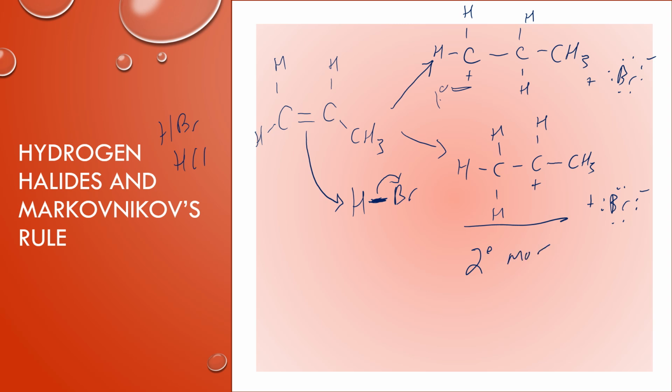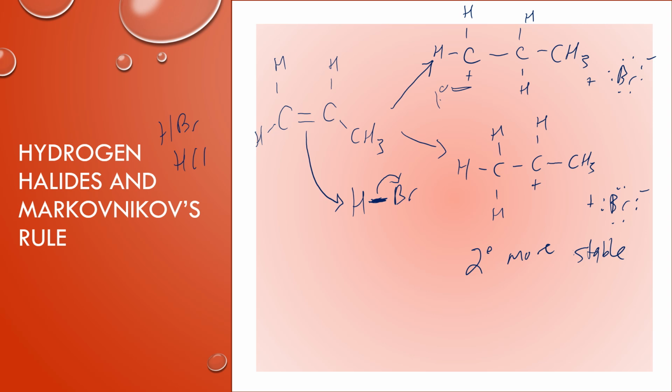So secondary is more stable, and tertiary is even more stable than that. So you want your hydrogen to add to the carbon that makes your carbocation more stable. So this product of our first step is more favorable, and it happens more frequently.